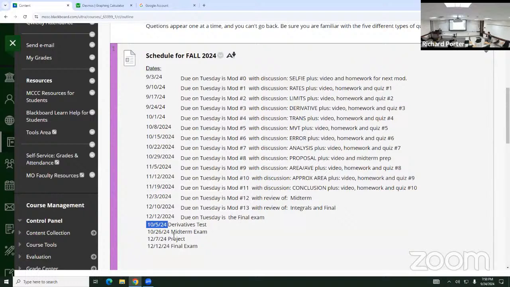So now, how many questions are there going to be? There are going to be 15 questions. Okay, we're doing 4 mods, 1 through 4. So this mod we're doing today is the end of the derivatives test. There'll be 3 questions of each type. So there'll be 3 vocabulary questions like, what is math?